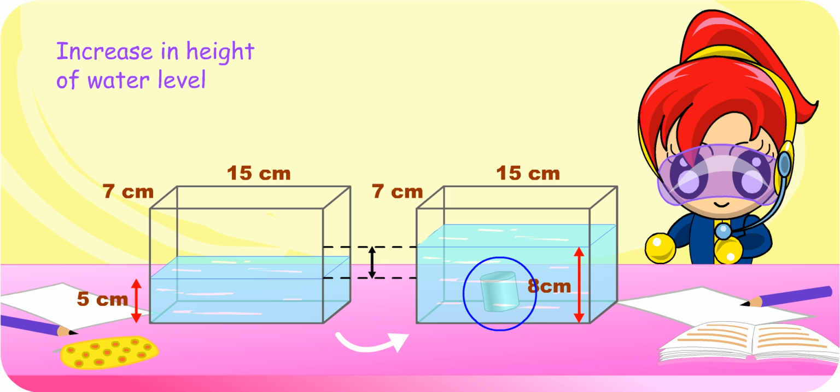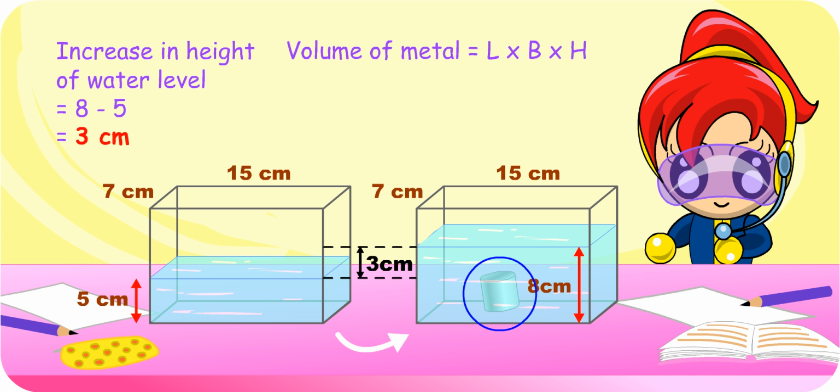Therefore, to find the increase in height of water level, we take 8 minus 5, which is equal to 3 centimeters. Now, using this height, we can find the volume of the piece of metal. Volume of metal equals length times breadth times height, which is equal to 15 times 7 times 3, which is equal to 315 cubic centimeters.